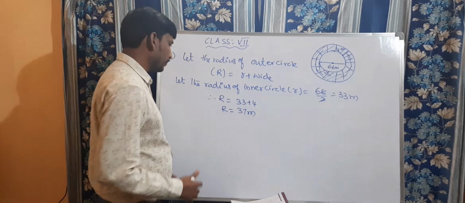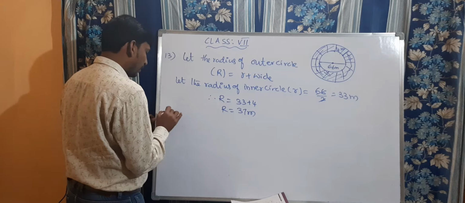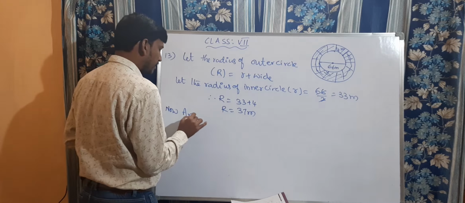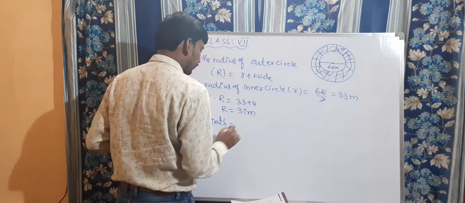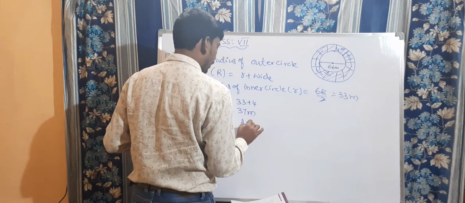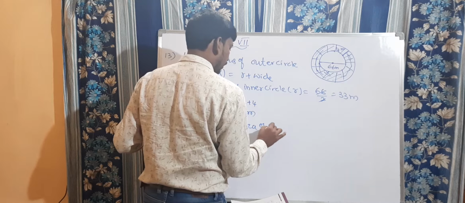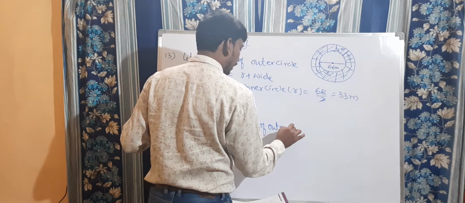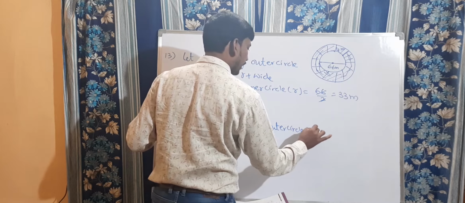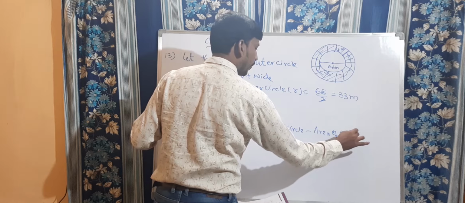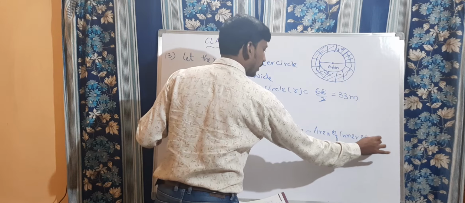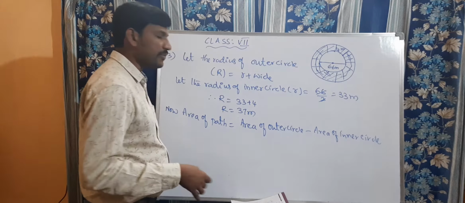Right, children? So now the area of the path is equal to the area of the outer circle minus the area of the inner circle. What is the area of a circle here?